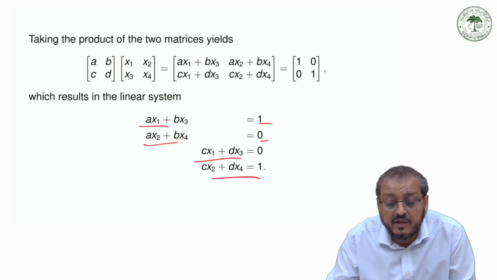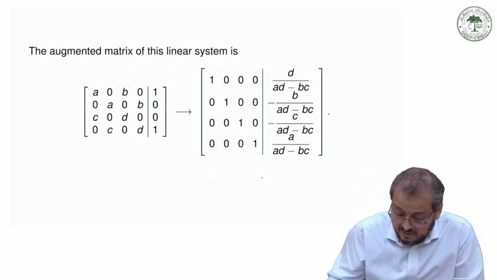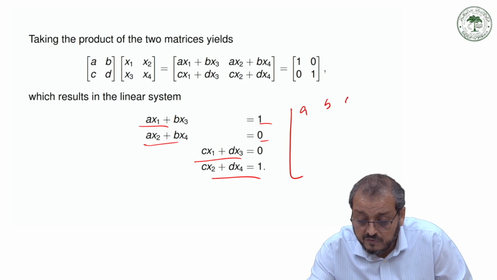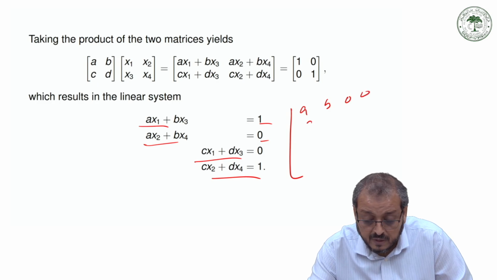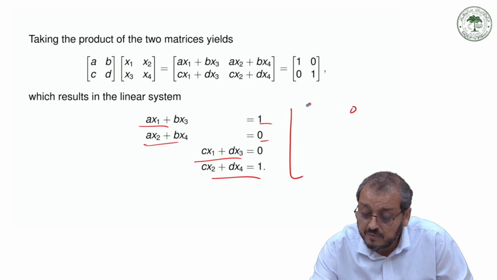You can see clearly. Now we write the augmented matrix of this system in the form A, B, 0, 0. I'm sorry, I made a mistake.